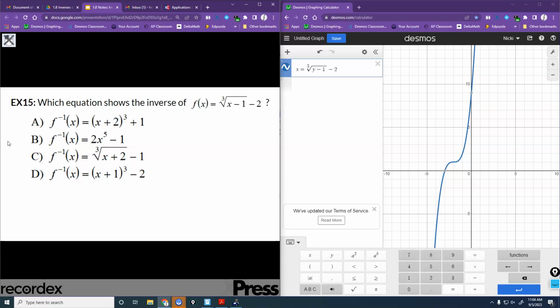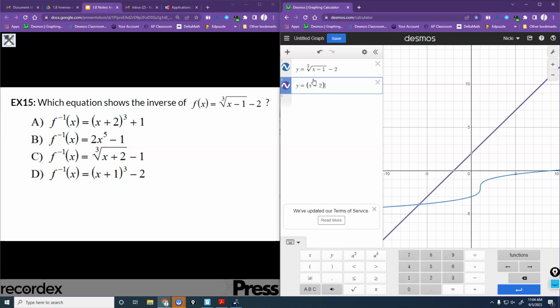Okay, let me show you guys what Carlos has. Carlos typed in the original, and then he typed in A, which is y equals x plus 2 to the third plus 1.